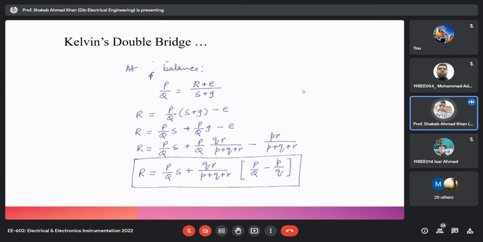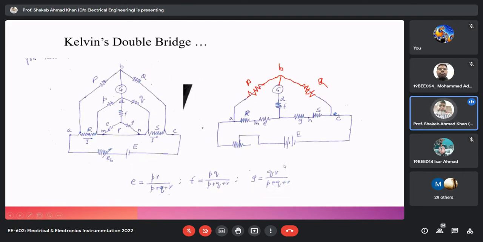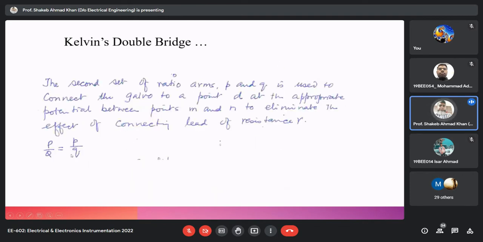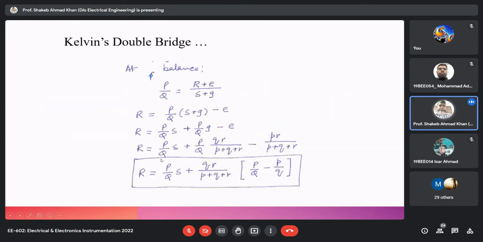It is very obvious that we are claiming that P upon Q is equal to small p upon small q. That is the expression here. You see, this is the precondition. Once this is equal, obviously this part will go, and it will provide compensation for the lead and contact resistance, and your final expression will be this.